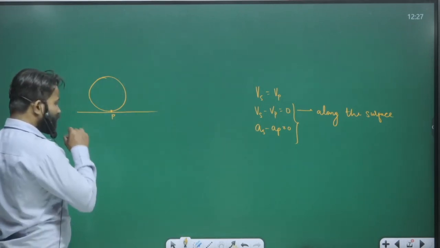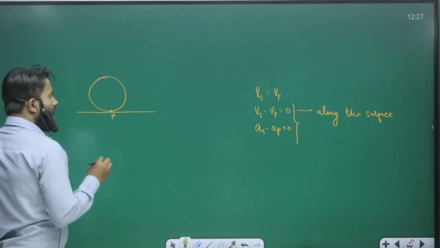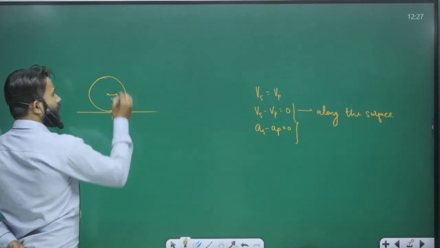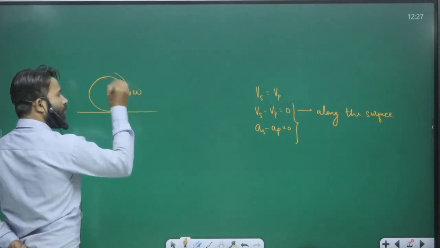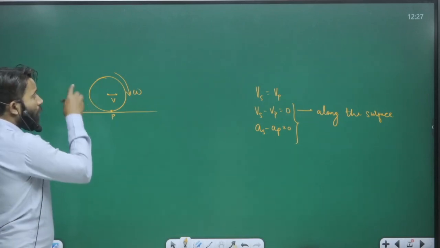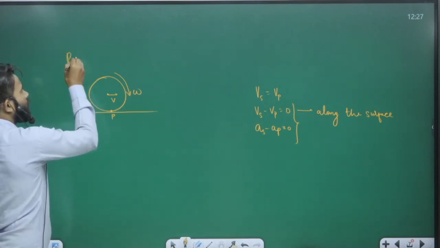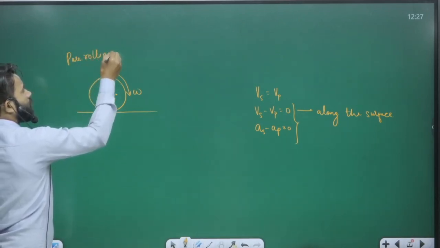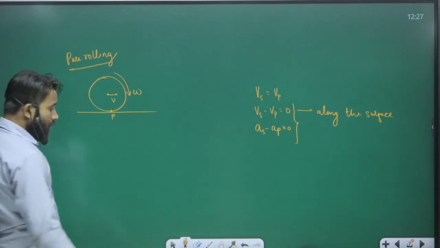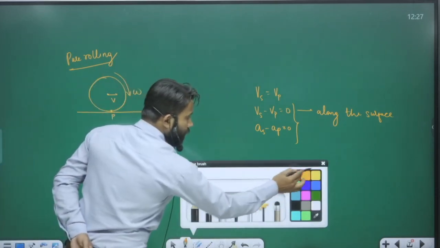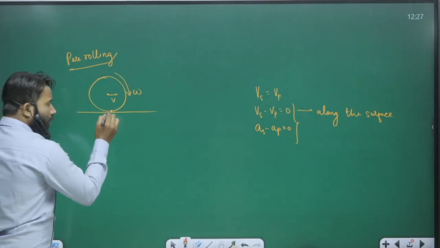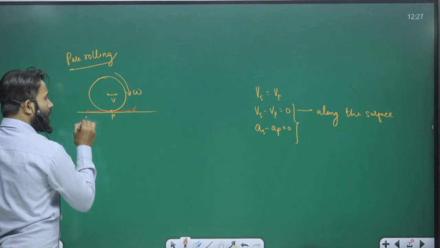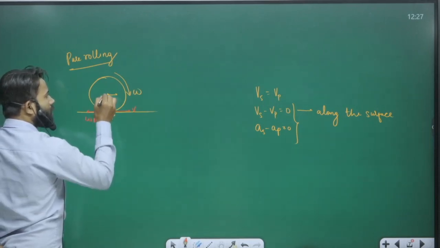Now see this point P. If this body is translating with some velocity v and moving with some angular velocity omega, and the body is performing pure rolling, then this point P will have a velocity v in this direction, and due to rotation it will have a velocity omega into r in this direction.